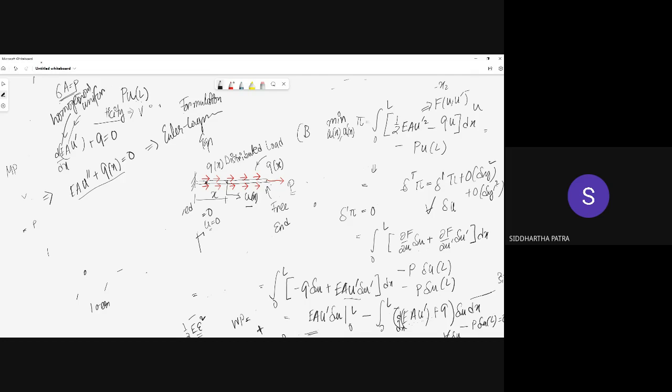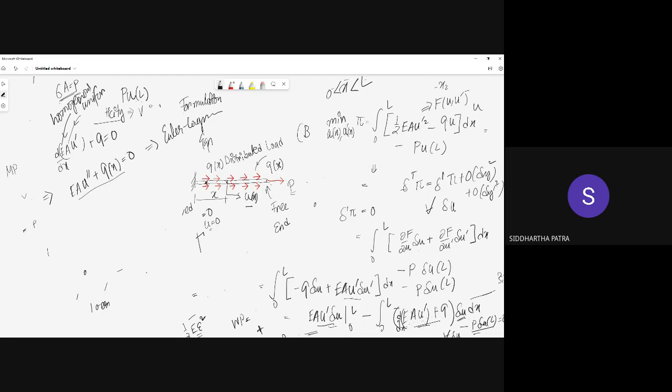However, what happens to these two terms? Because the net sum is supposed to be 0, but then how can I write this to be such and such? The thing is, I can assume delta u to be any arbitrary quantity, even a quantity which is basically this quantity between x equals 0 and L, and at the boundary it is such that these terms are equal 0.